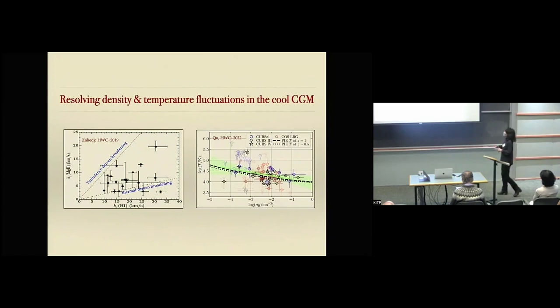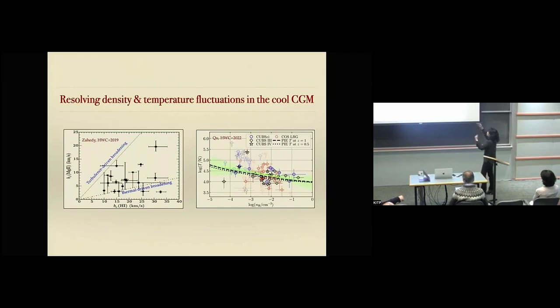So we can use the temperature derived from the line profile and the density inferred from the ionization model to check our assumption in the ionization modeling. In this case, it's for ionization equilibrium. So again, in the data, there's a lot of scatter. The green band here shows the best fit relation between temperature and density.